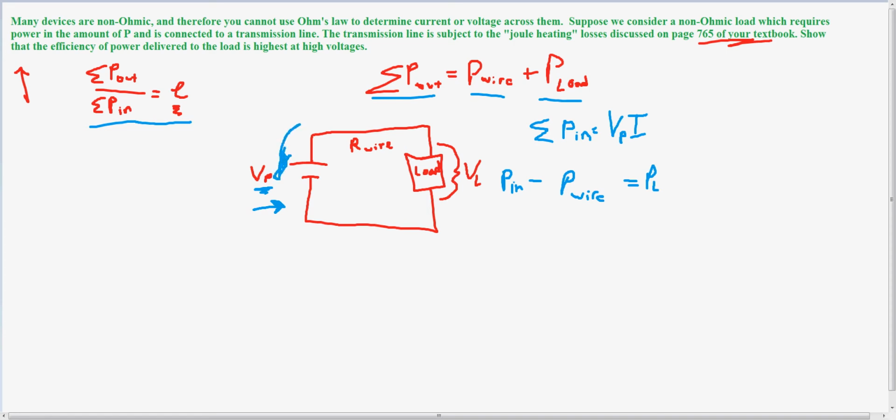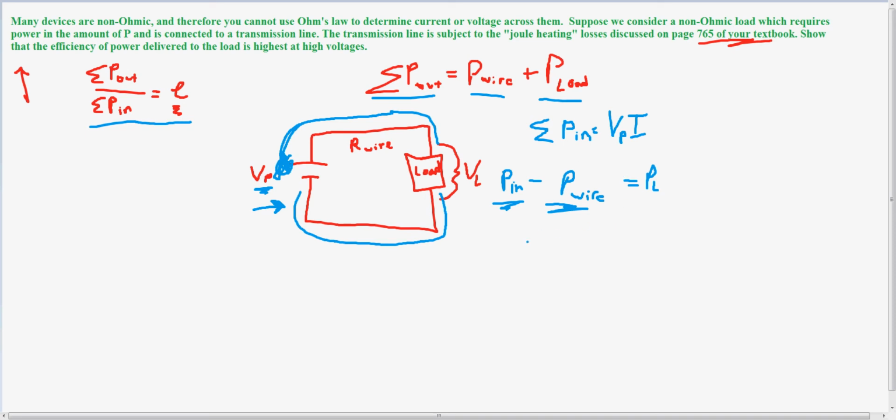This is the power input into the system. It is then used through this wire, hits this power of the load, reduced there, and then it again follows the system. So it's just the power inputted right here, minus the wire, which is equal to this power load, which we do not know.